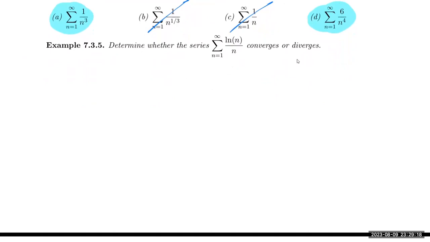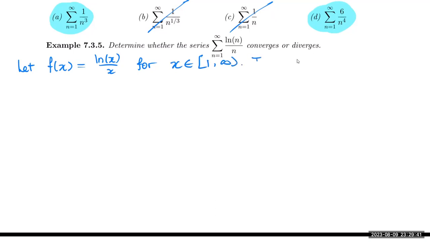So let us determine whether the series ln of n divided by n converges or diverges. So we're going to let f of x be equal to ln of x divided by x, for x from 1 to infinity.